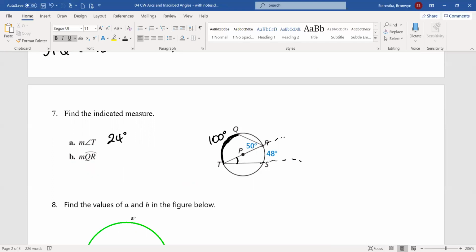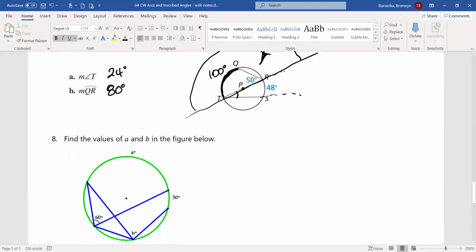And so the question is, what's the measure of arc QR? Well, if this is the diameter of the circle, and you know on your protractor that this is 180 degrees because it's a semicircle, arc QR must be 80 degrees.